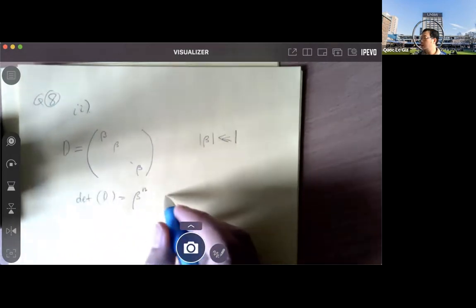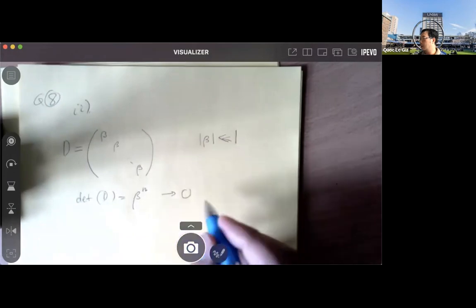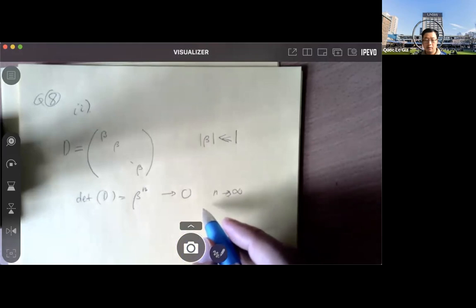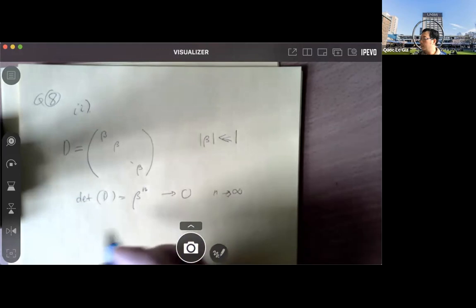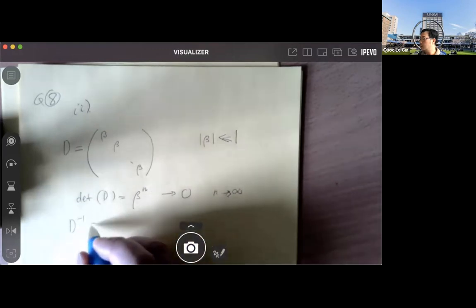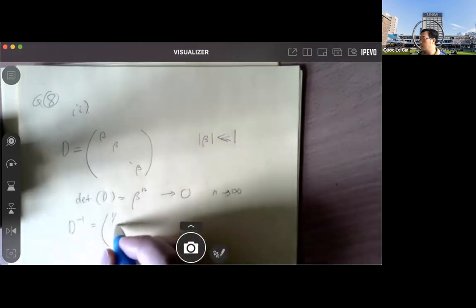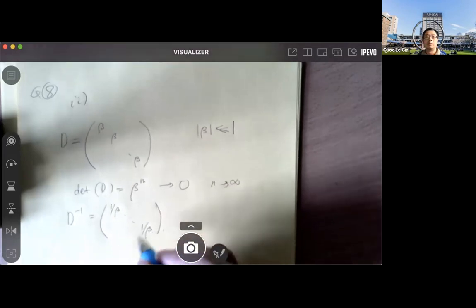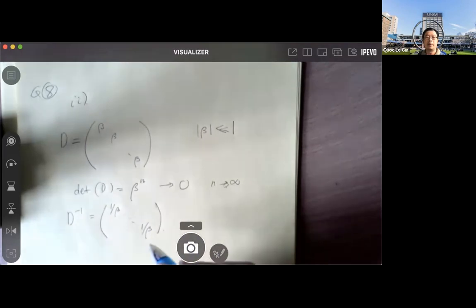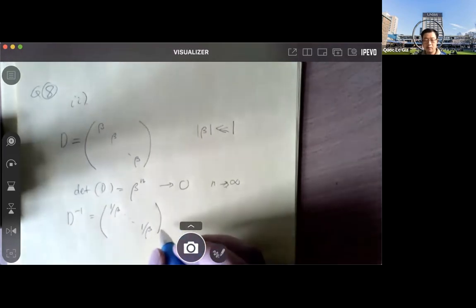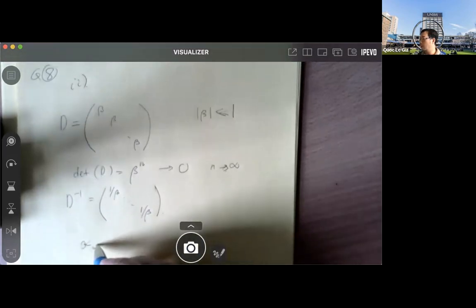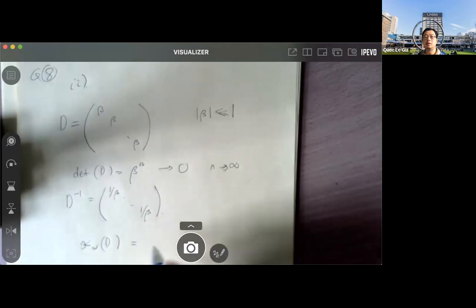So beta to the n here can go to 0, as n goes to infinity. But the matrix D inverse is always available. So then the condition number in this case is also equal 1. So the condition number of this matrix is 1, right?